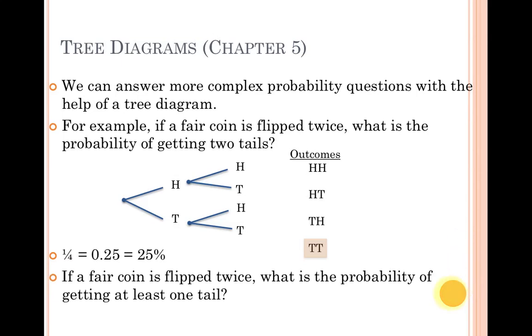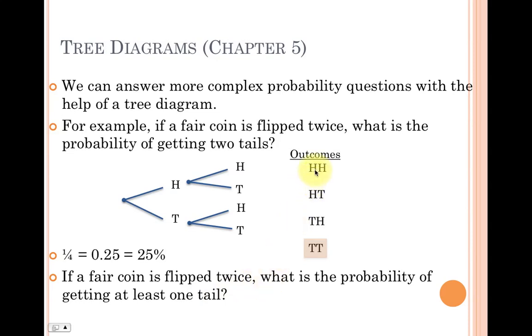Okay, answering a different question, if a fair coin is flipped twice, so again, looking at the same tree diagram, which is for flipping a fair coin twice, what's the probability of getting at least 1 tail? Well, at least 1 means 1 or more tails.